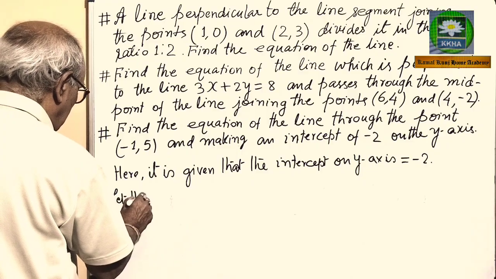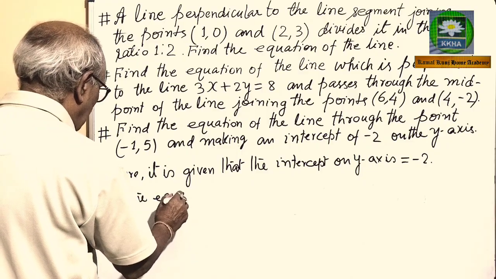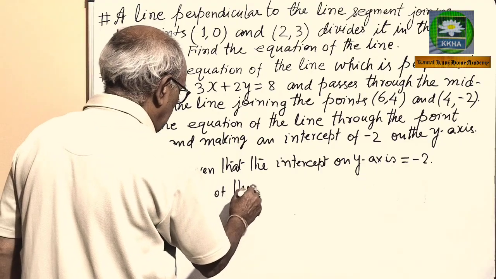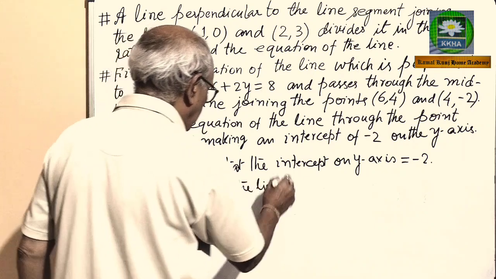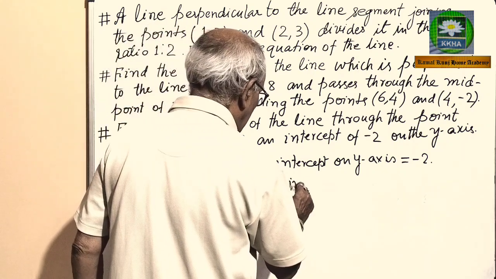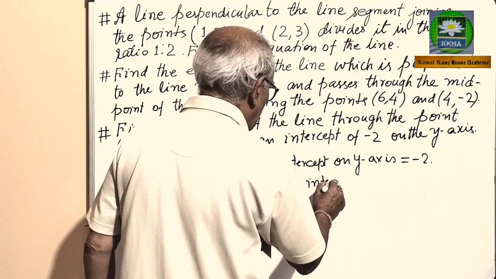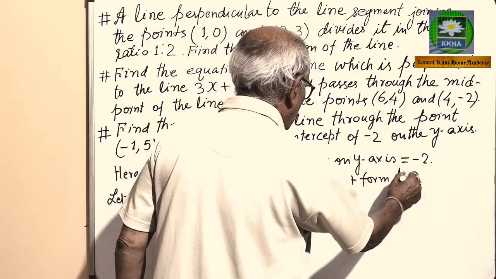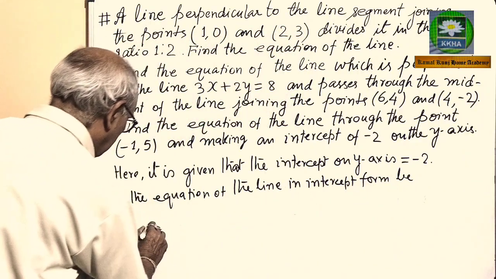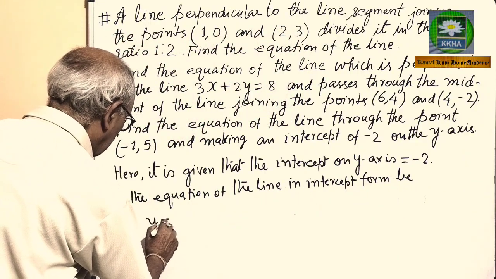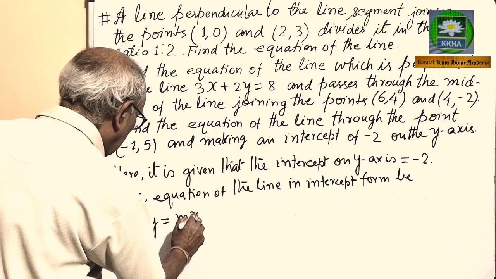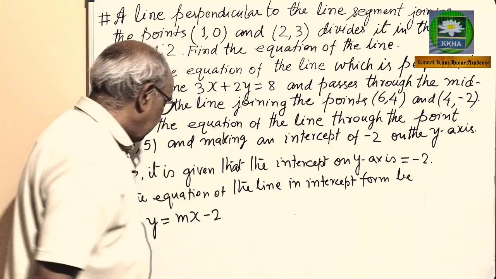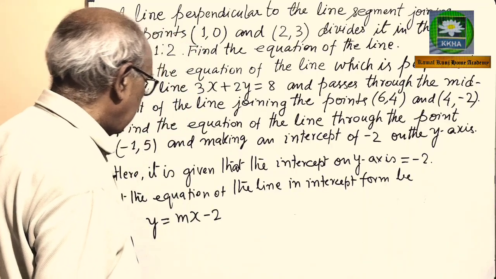Let the equation of the line in intercept form be y = mx - 2. Here m is the slope of the line.